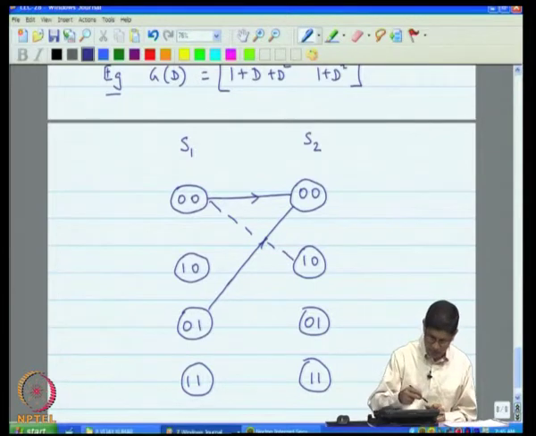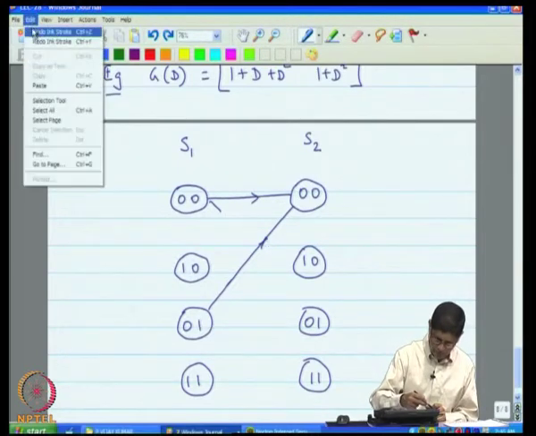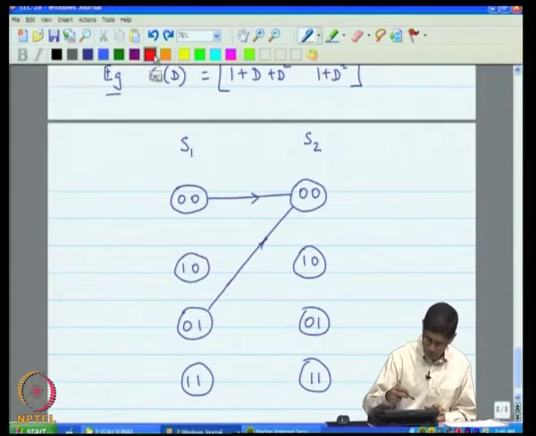Okay, I think I remember what I did. Since drawing a dotted line is not the easiest thing here, I am going to just choose a different color for one. Okay, so let us just choose red for a 1.